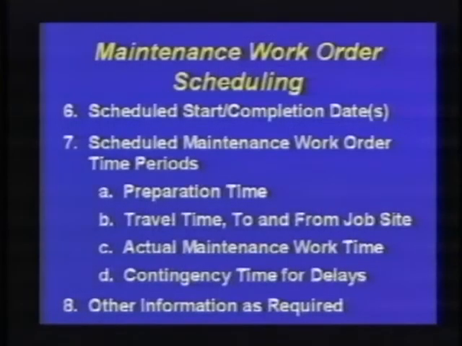And the other data element that would be an integral part of the contingency time for delay would be the time required to do the actual reporting against the work order relative to the detail of reporting that the maintenance supervisor would require. Item number 8 again pertains to what additional information do you require in the maintenance work order planning and scheduling function.